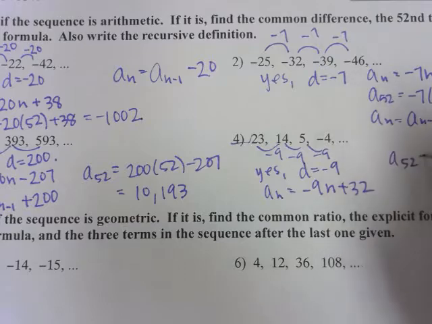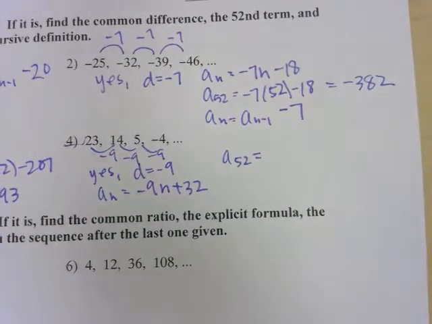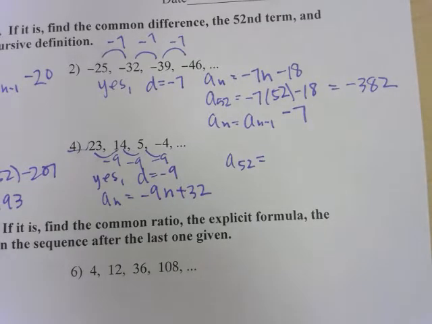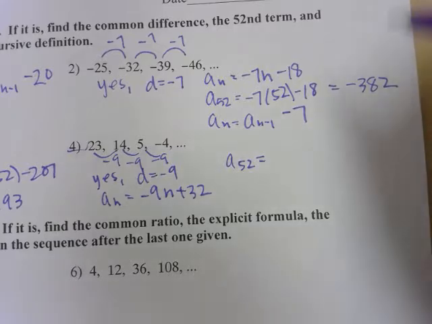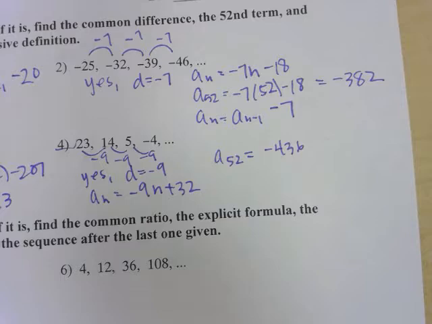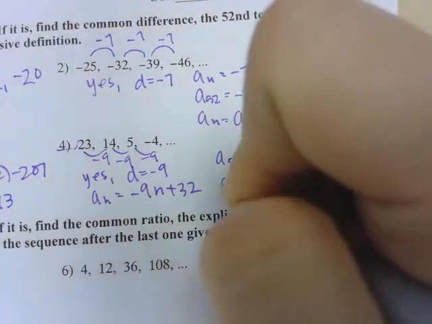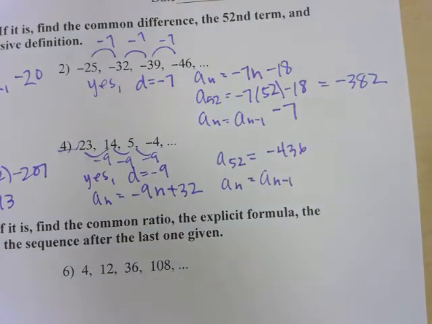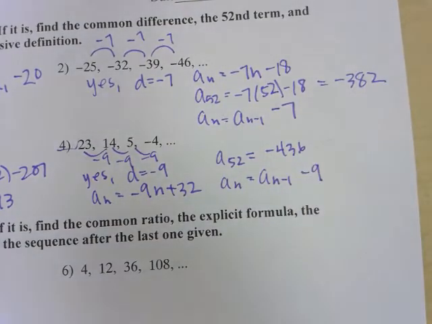A sub 52 is what? -9 times 52 plus 32, negative 436. A sub n equals a sub n minus 1 minus 9. So those are those problems.